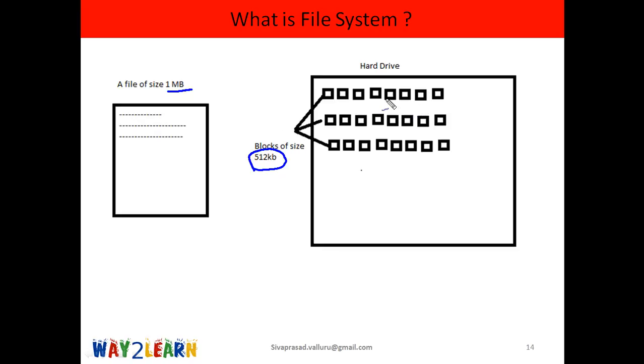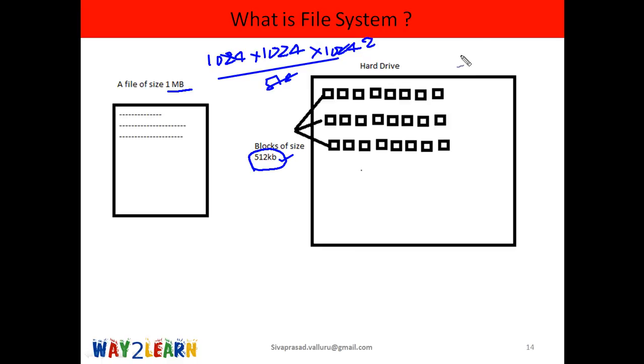If you are trying to save a 1 MB file onto your operating system, this 1 MB is broken into 1024 kilobytes divided by 512, so this number of blocks. Your 1 MB file is broken into this number of blocks and stored inside your hard drive.